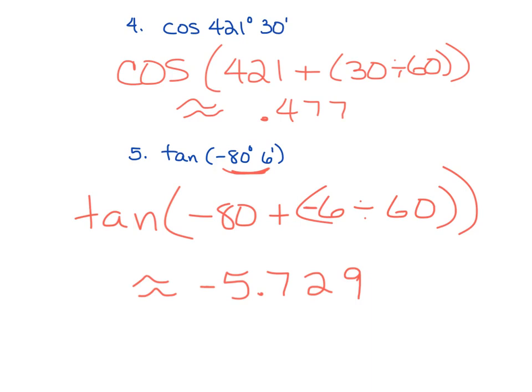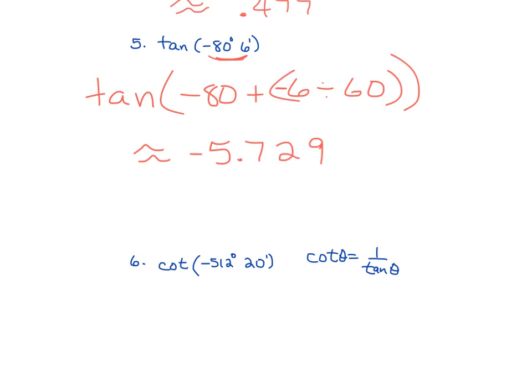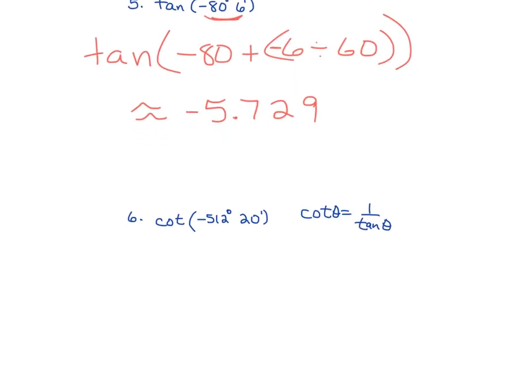The next one is cotangent. We do need a reciprocal for this one. So for number 6, I need to know that the cotangent is really the reciprocal of tangent. So when I go to key it in my calculator, I'm doing 1 divided by tangent. And again, this is negative, and both of these are negative, so be careful.